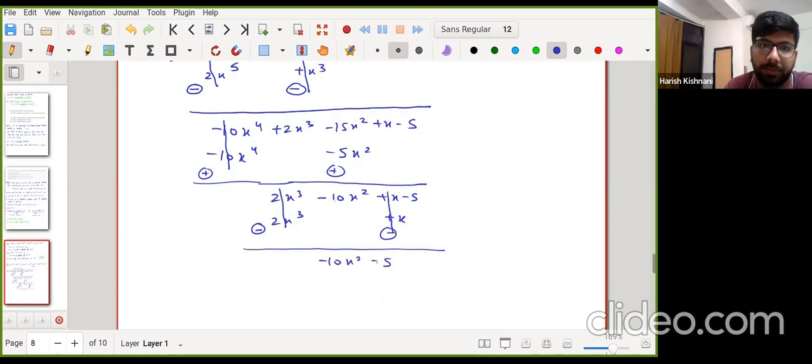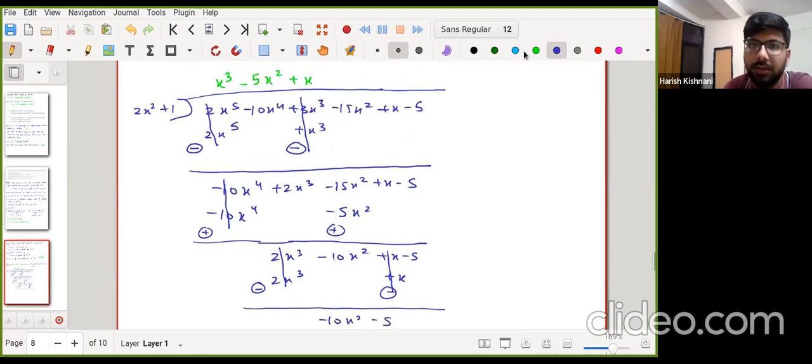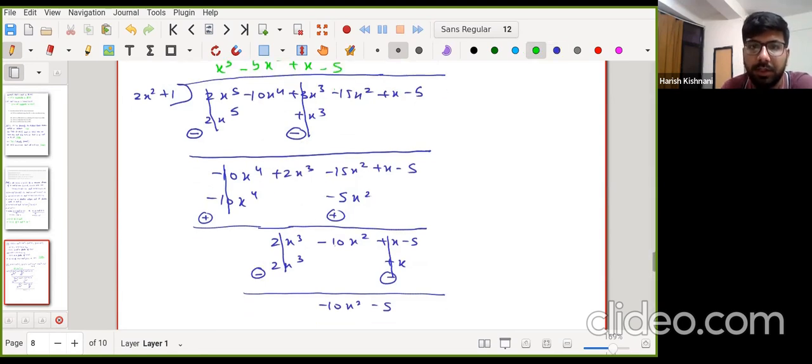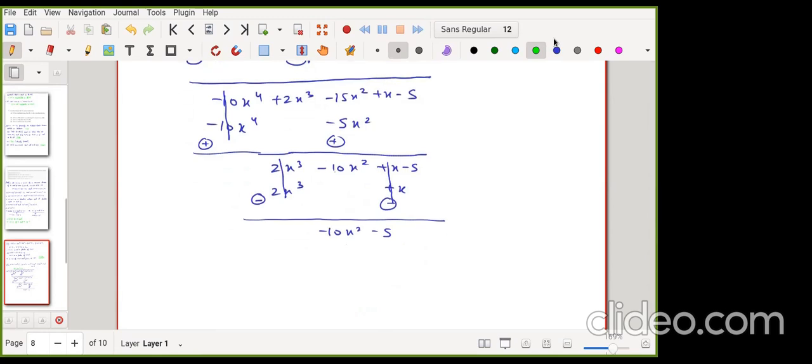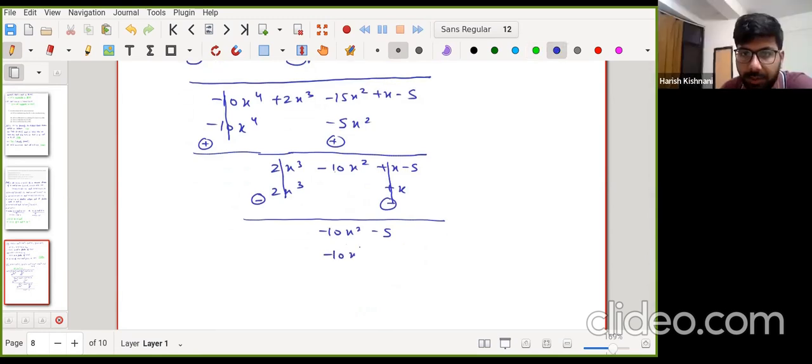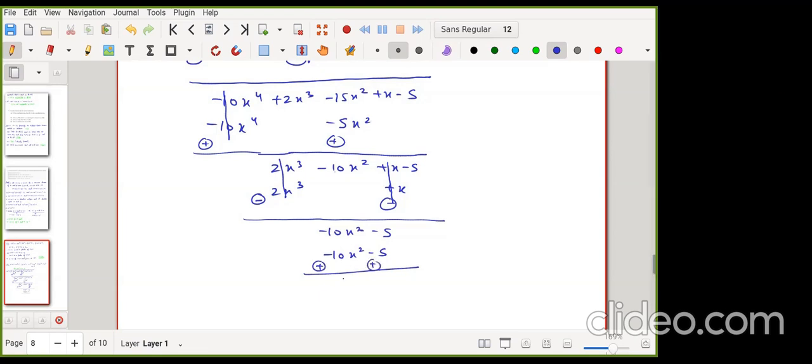Highest order term, divide, then gives you minus 5, and then you have minus 10x squared minus 5, and subtracting, you will get 0.